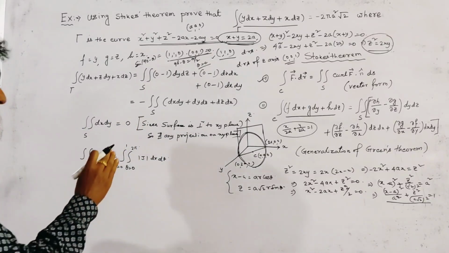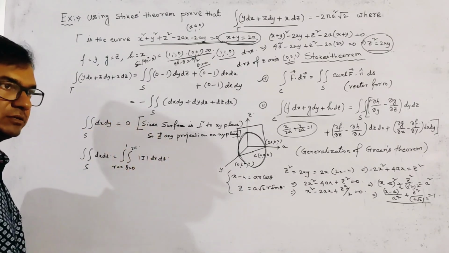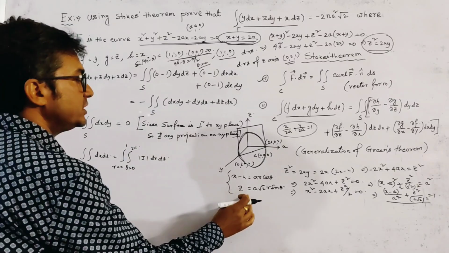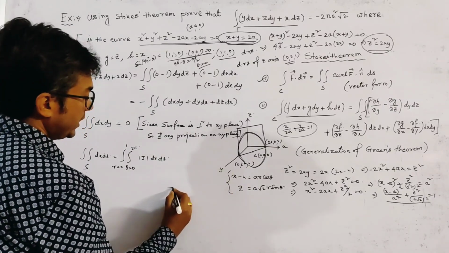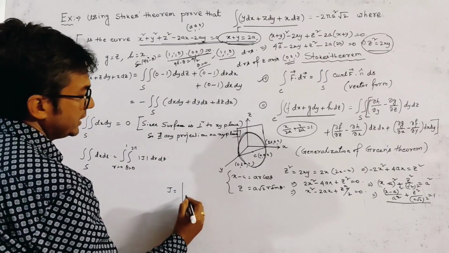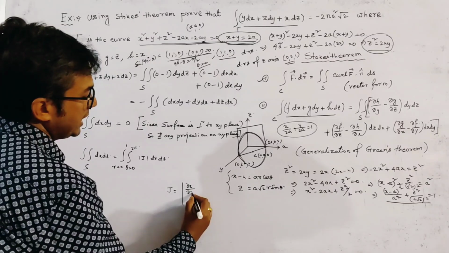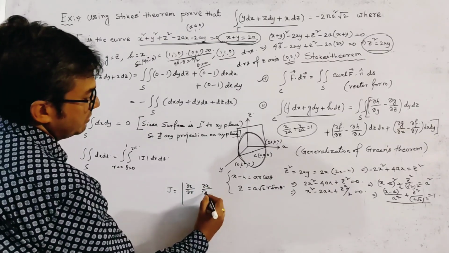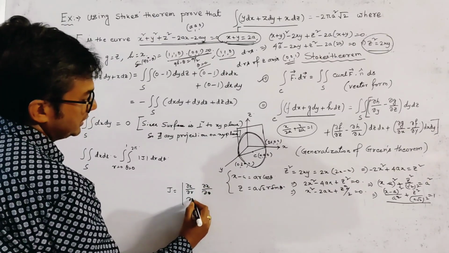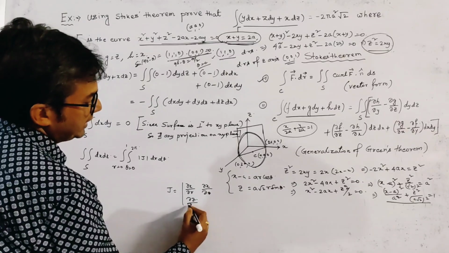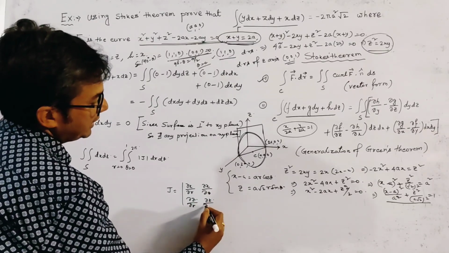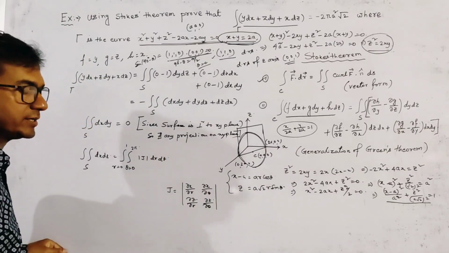Now we have to find the Jacobian. What is the Jacobian of this transformation? The Jacobian is given by the determinant of del x by del r, del x by del theta, del z by del r, del z by del theta, right?